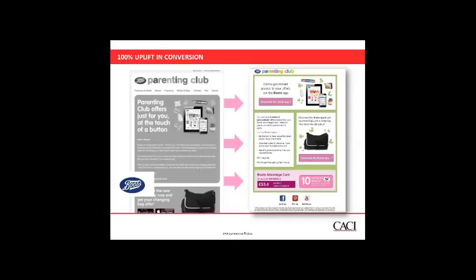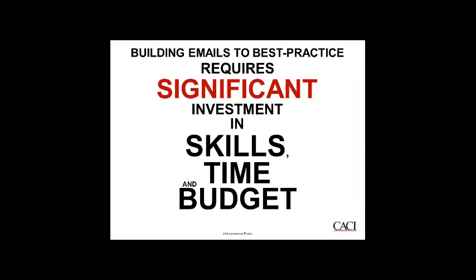Actually moving and simplifying the language and making it very focused. So Emma, get instant access to your offers via the Boots app. Download the Boots app. So in a few words, communicating very simply what we want the user to do, why we want them to do it, and how they can do it. And that approach, that best practice, and focusing on optimizing the content, increased conversion of the app download by 100%. So some great results there.